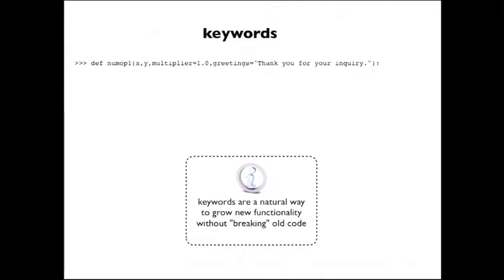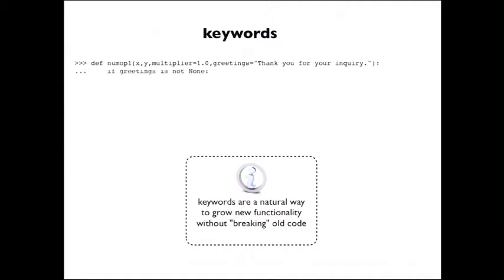And instead of having to break old code, if I add keywords, because these keywords are not required, as long as I give these keywords the default values that they would be in the legacy version of the code, then I will get the same result back when I call this same function with old code as I will with the new code, but now I have all this new functionality. That is to say, keywords are a natural way to grow new functionality without breaking old code.